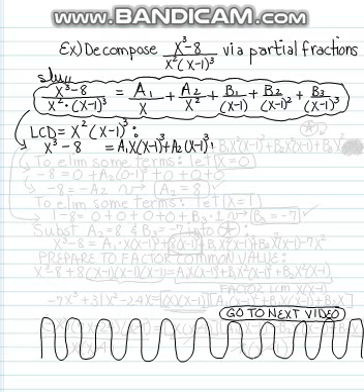And then the next term, when I multiply by the LCD, I get plus b sub 1 times x squared times (x minus 1) to the second. And I have two more terms to go: plus b sub 2 times x squared times (x minus 1) to the first, and finally, plus b sub 3 times x squared times (x minus 1) to the first.